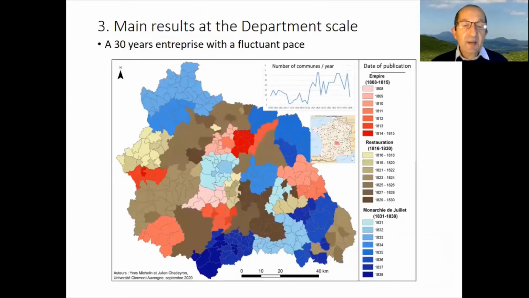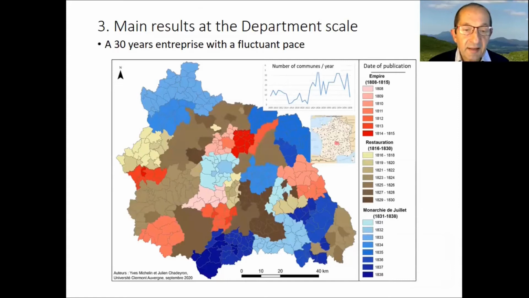Now we will present some results. As you see here in this map, you have an idea of the making of the Napoleonic cadastre in this department. The color represents a period, and the graphic represents the number of townships that have been cadastered during this period.